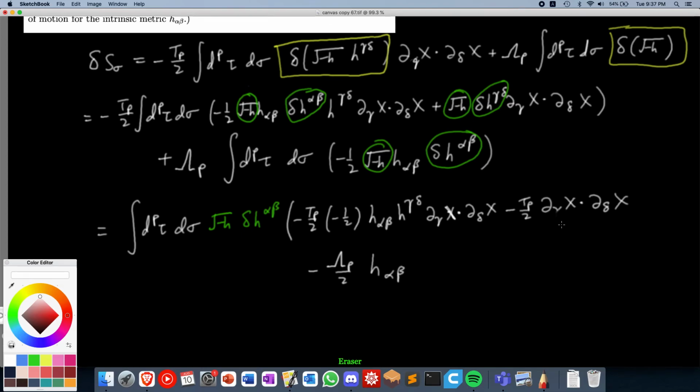Over here the indices I need to be careful. Because I relabeled the indices to alpha and beta, they should be alpha and beta.